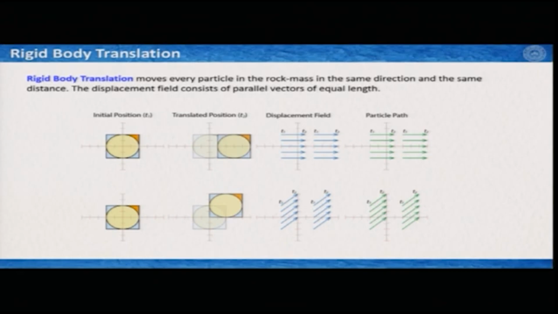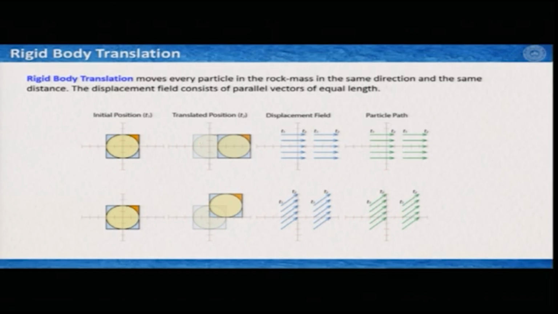Now, the translated position, which is column 2, is at time 2. So, position 1 was at time 1, which is T1, and position 2 was T2. The translated position is given by this, and the initial position is somehow made transparent.